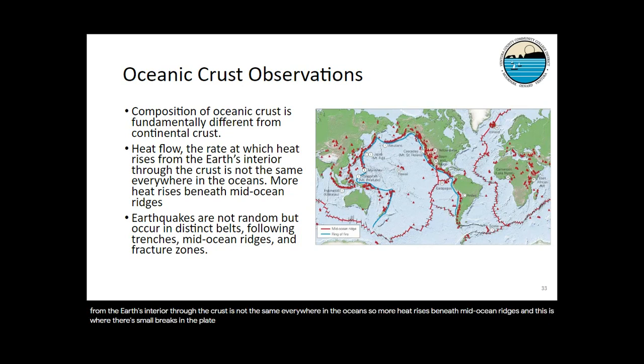Earthquakes are not random, but occur in distinct belts, following trenches, mid-ocean ridges, and fracture zones. So you can see here that this is a map of the tectonic plates, and the little triangles correspond to earthquakes.